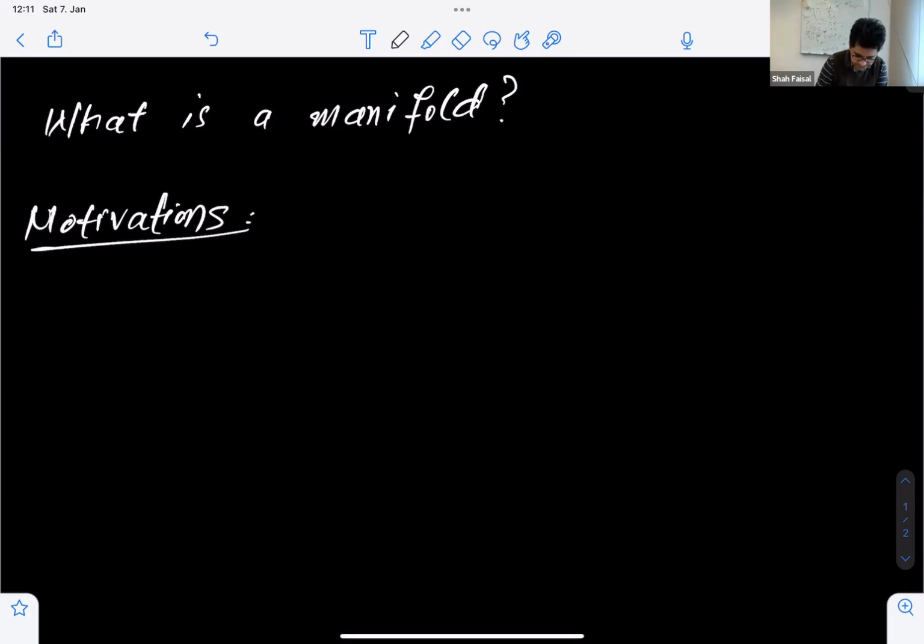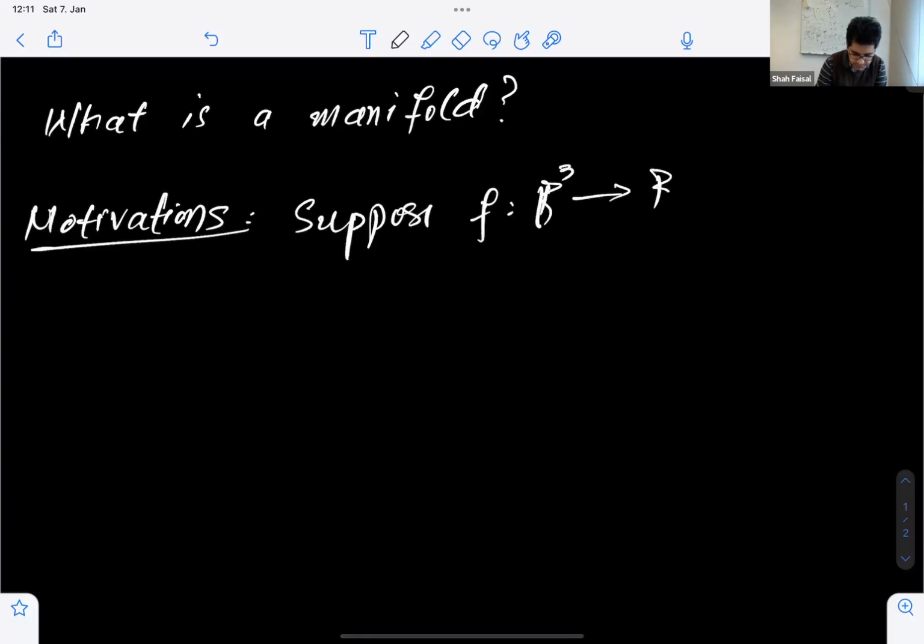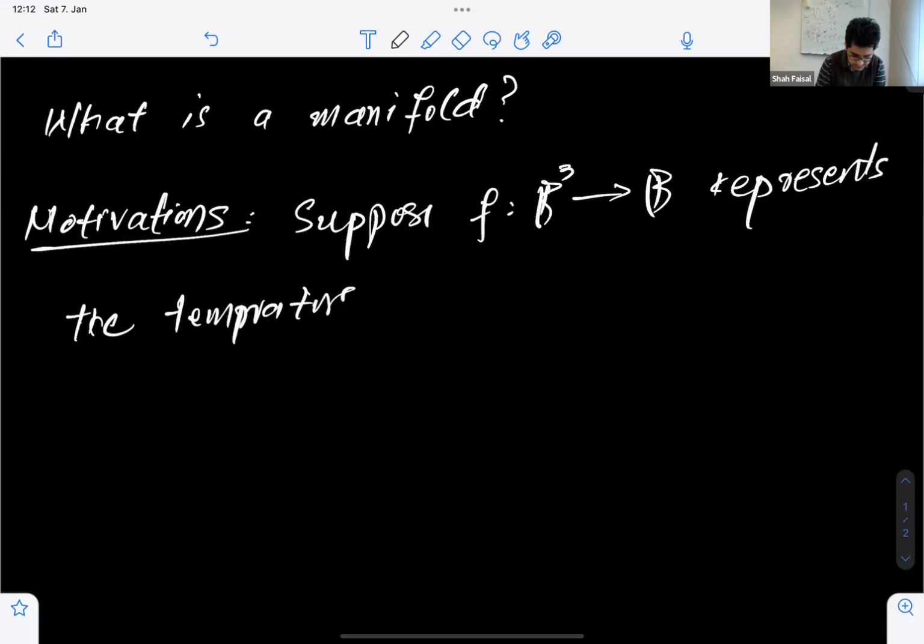So suppose, let's say it's a function from R3 to R that represents the temperature of the space, I mean our space now.